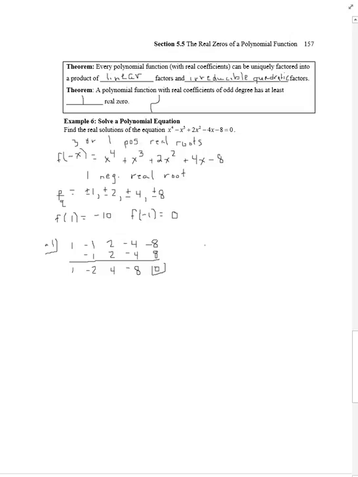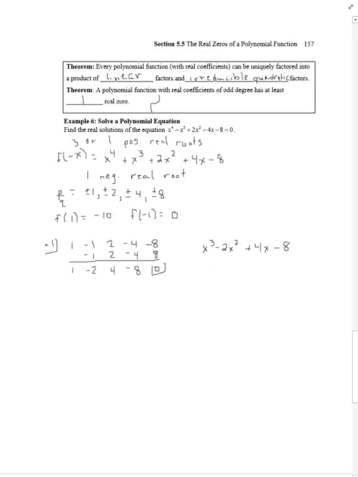So our depressed equation is x cubed minus 2x squared plus 4x minus 8. So we can start plugging into that.